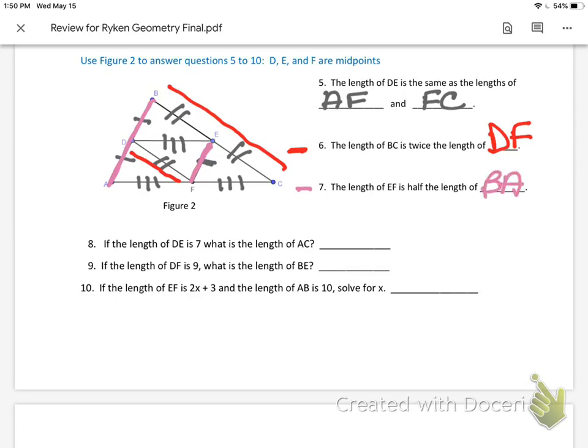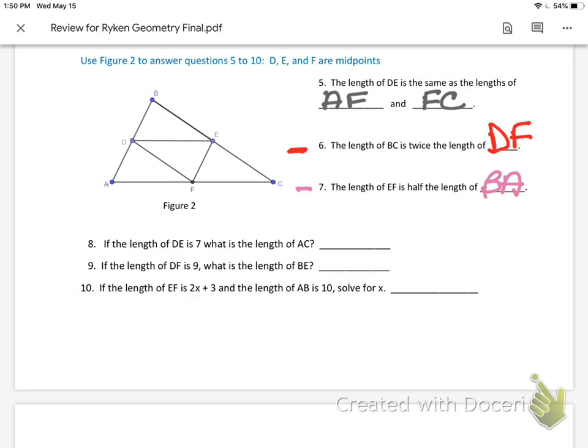Either way is fine. Okay, so then what I'm going to do is erase the marks that I have on figure 2, just to make it easier to see what we're going to do next. So I'm going to get rid of all of these marks, and then we'll answer the next questions with new marks. So let me change my color.